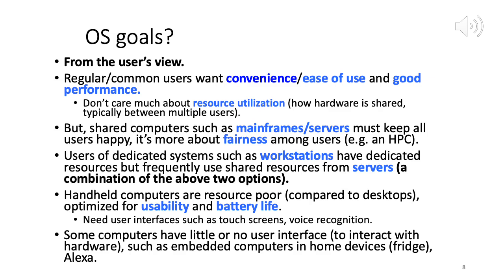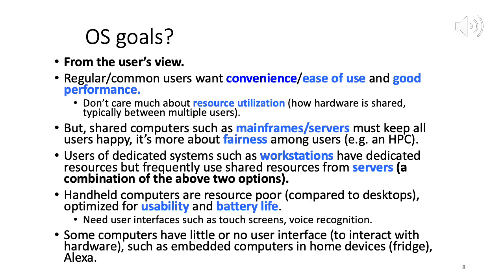Handheld computers are resource poor, right, compared to desktops and laptops at least, and therefore they are optimized for usability and battery life. So their battery life is extremely important. A desktop is always plugged into power, so energy efficiency may not be that important. But when you talk about even a laptop or especially a mobile phone, then you need to conserve battery life.